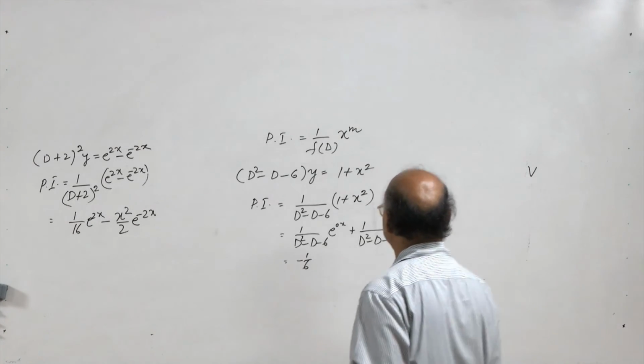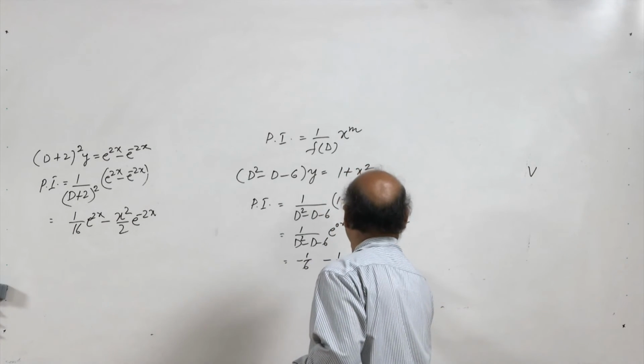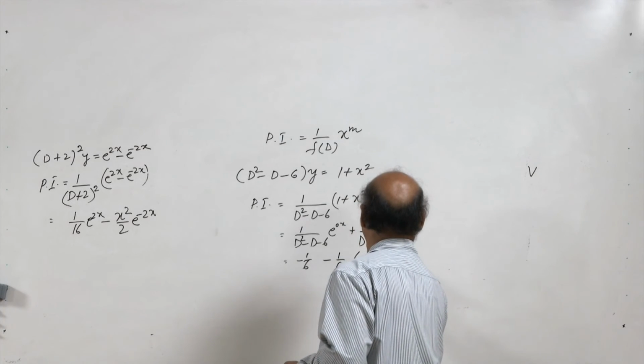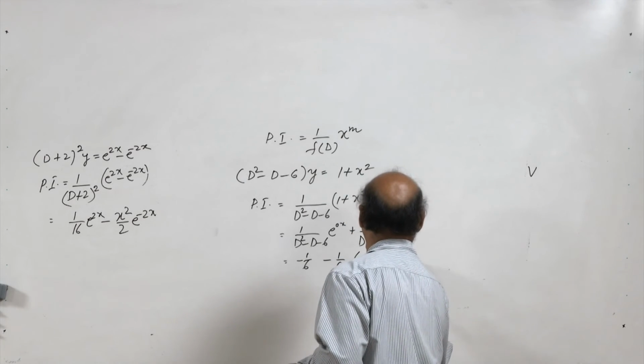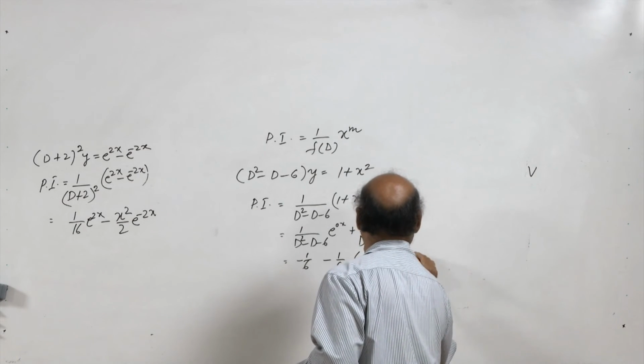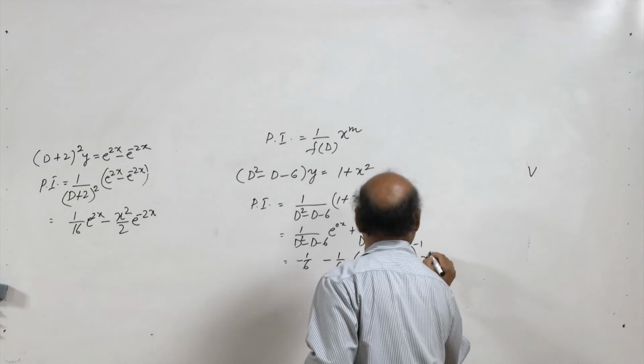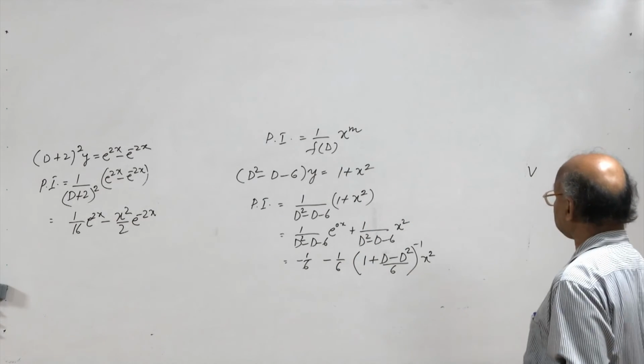we have to expand it in ascending powers of d, so that we can do like this: minus 1 over 6, 1 plus d minus d square divided by 6, raised to the power minus 1.